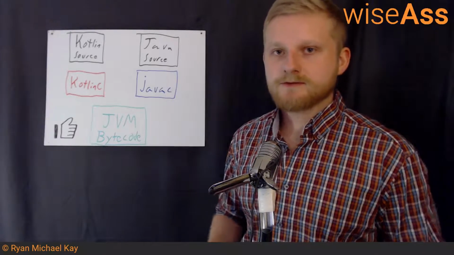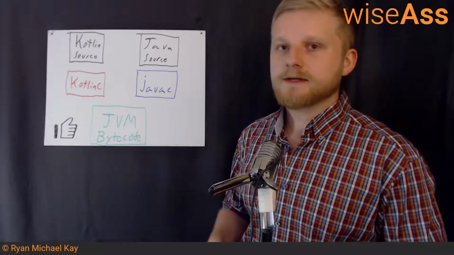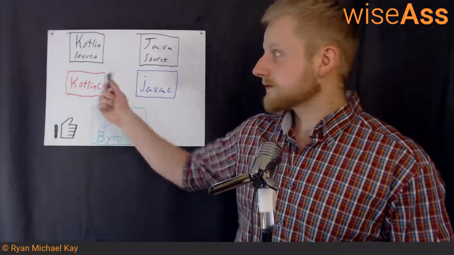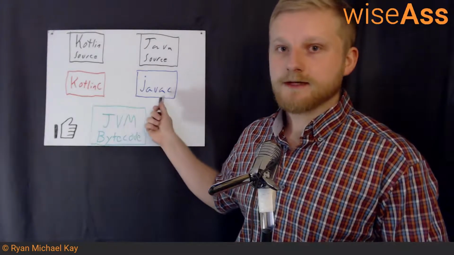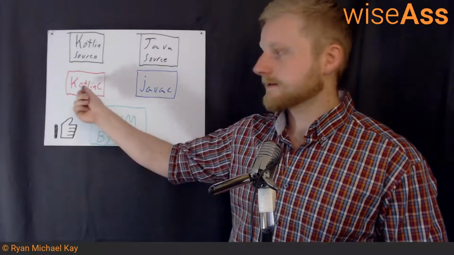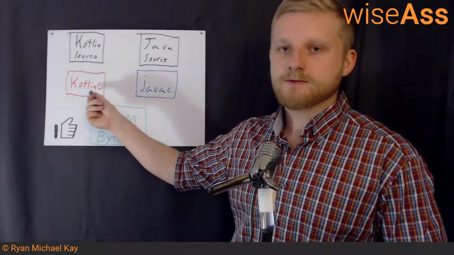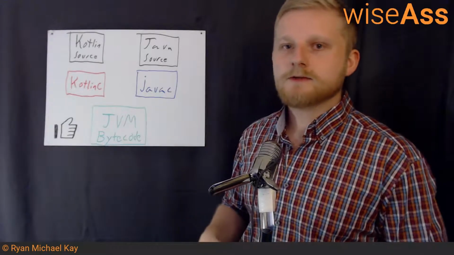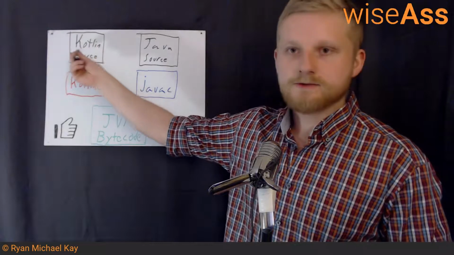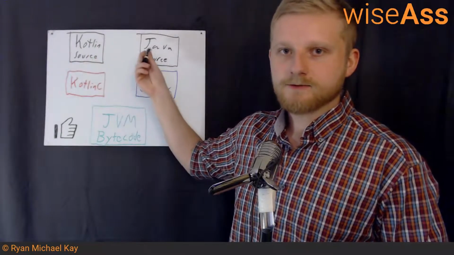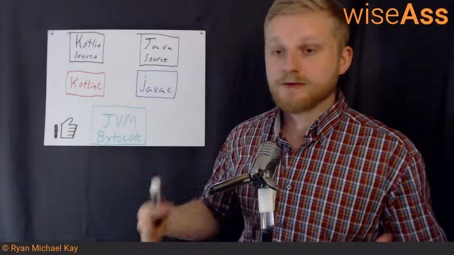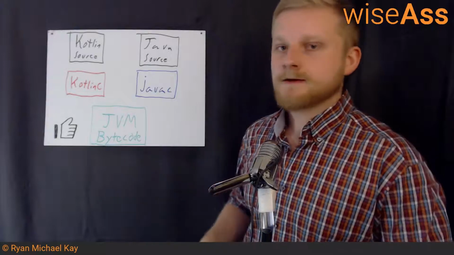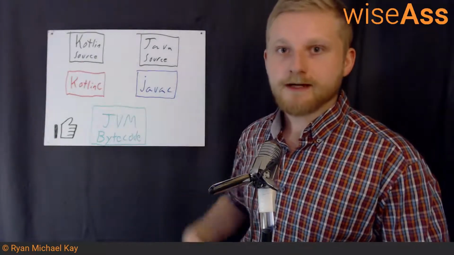How this process is achieved is basically Android Studio uses compilers. So we have the Java compiler and the Kotlin compiler, that's what the C stands for. And what it'll do is feed both our Kotlin source files and our Java source files, source files being the things that we write, through both compilers like so.